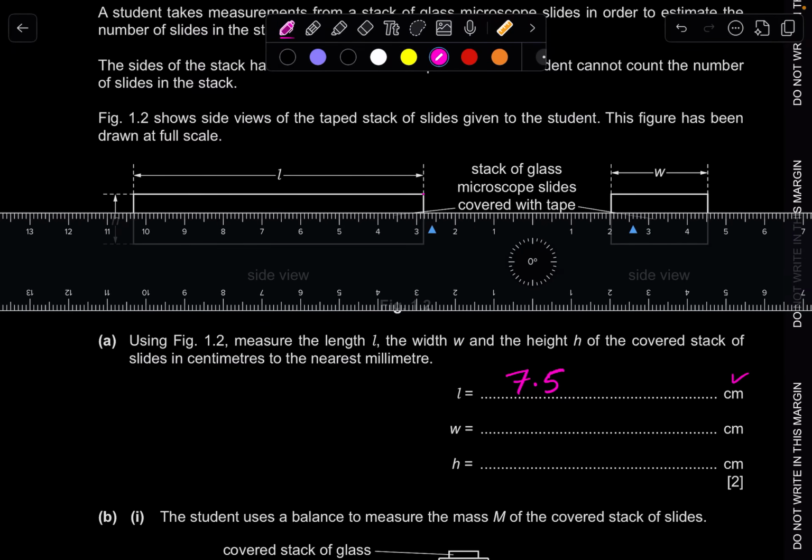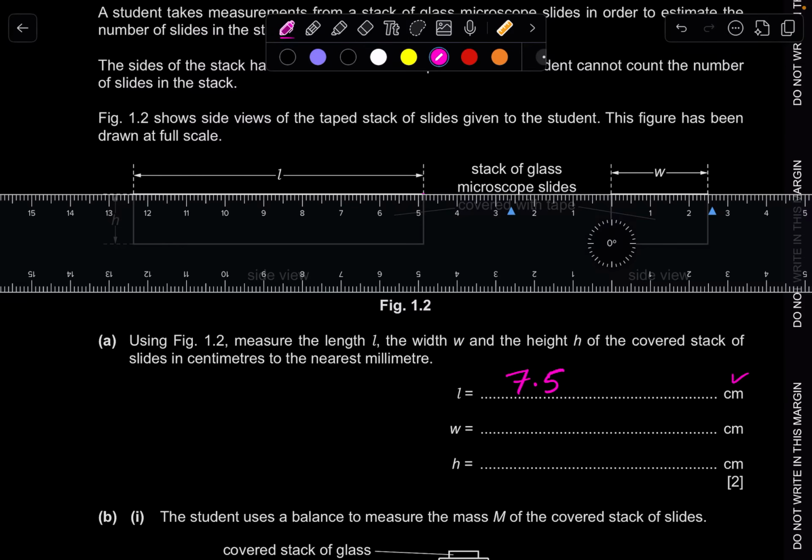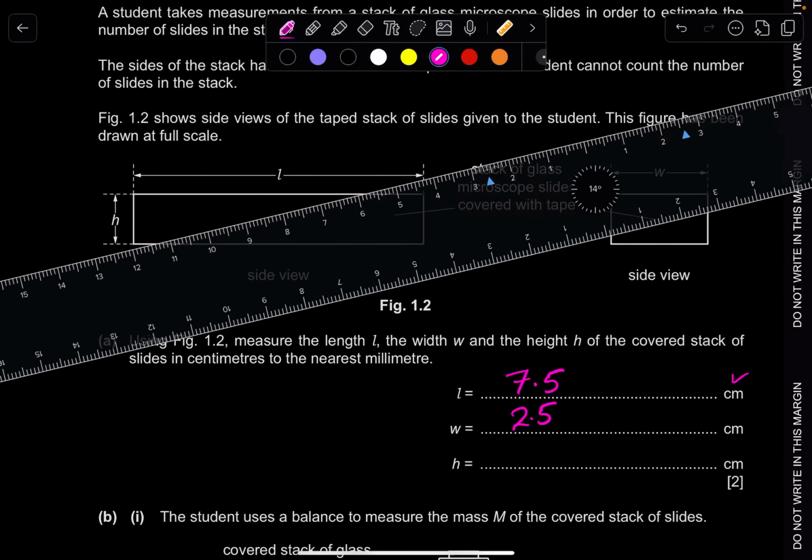Okay, so let's measure W. For W, you have to put the zero of the scale on one side, and the other is at this point, it is 2.5. Okay, and let's measure the height.